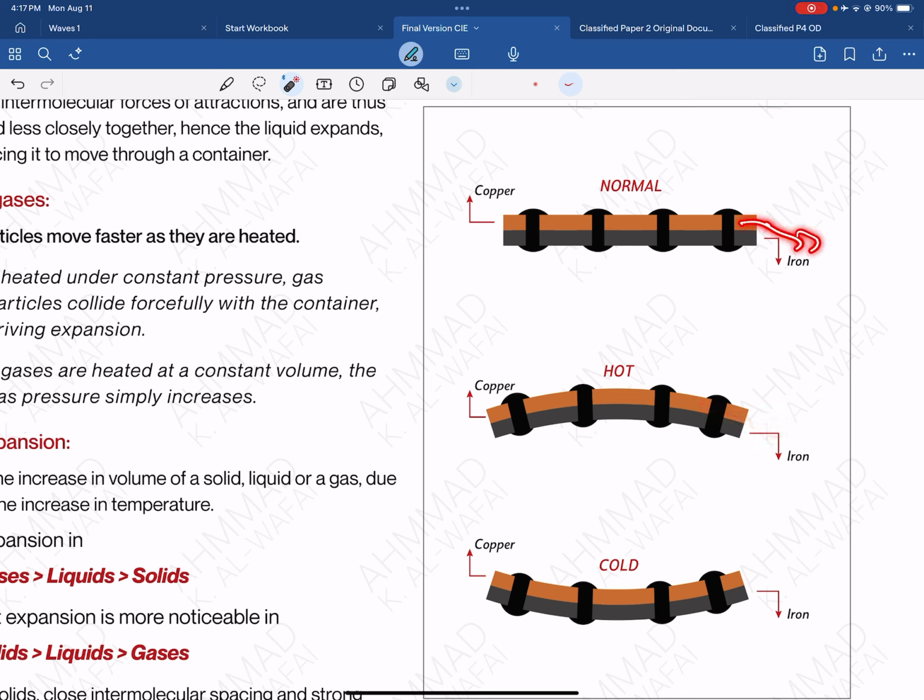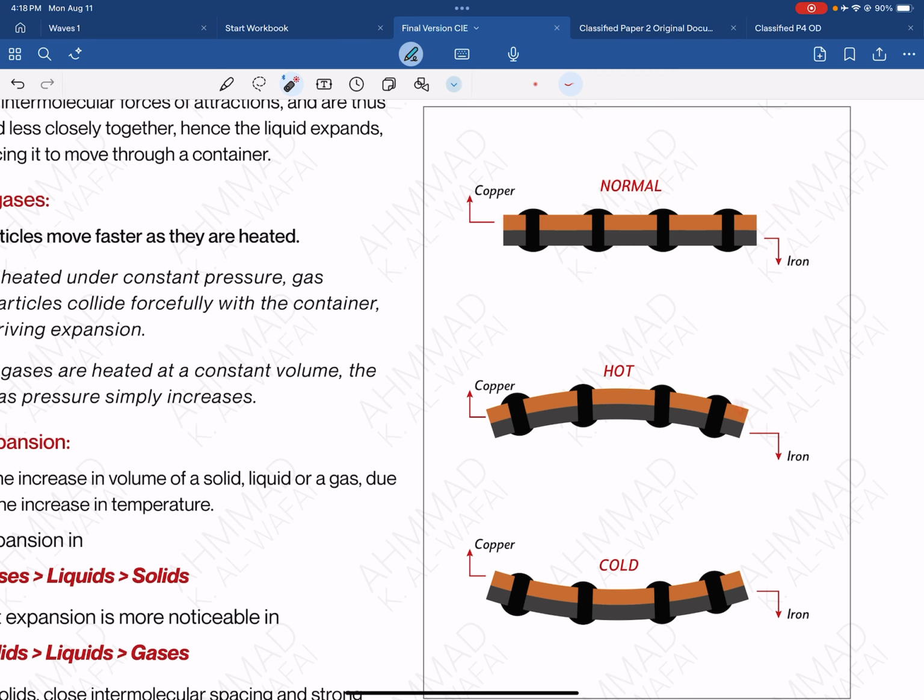So there is a resultant force on the strip that makes it bend in the upward direction, because copper wants to move like this. This resultant force is in the middle, creating a bend, so that's why it bends upwards.